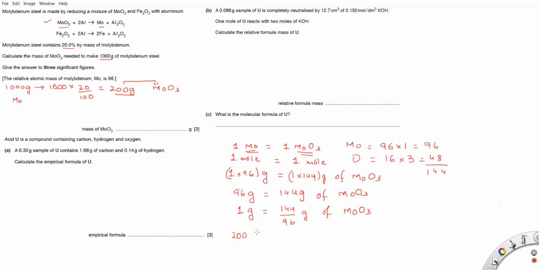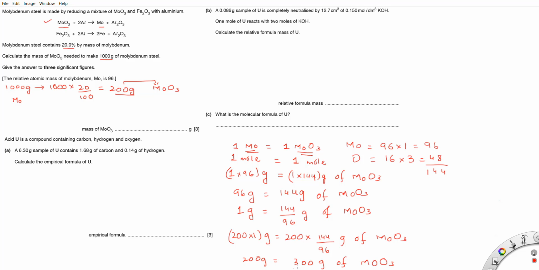So 200 times 1 is 200 grams. Here also 200 times 144 over 96 grams of molybdenum oxide. So by solving this side becomes 200 grams and this becomes 300 grams of molybdenum oxide.